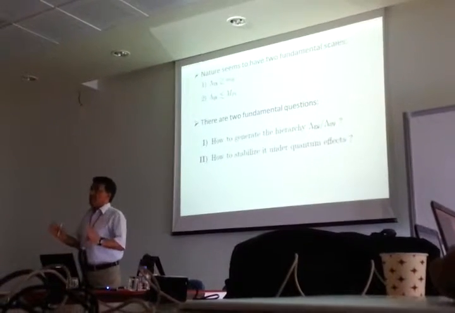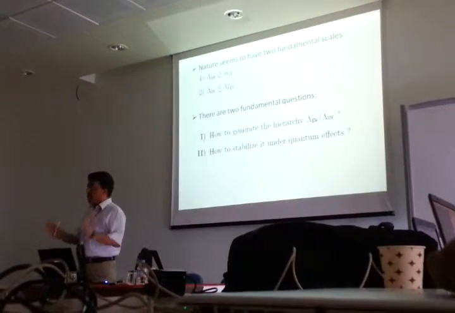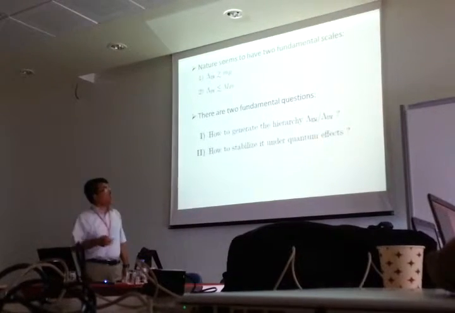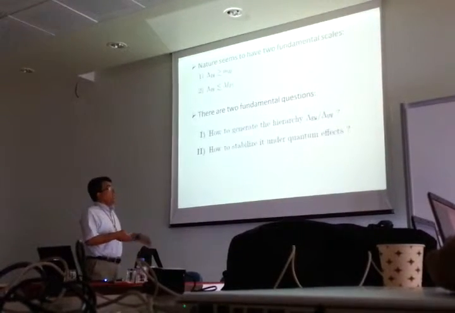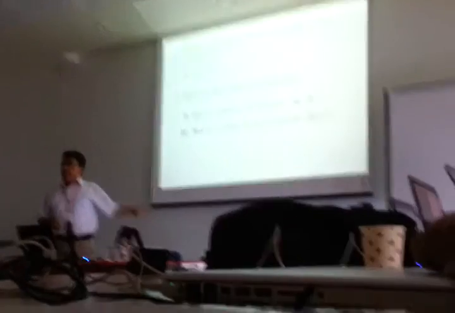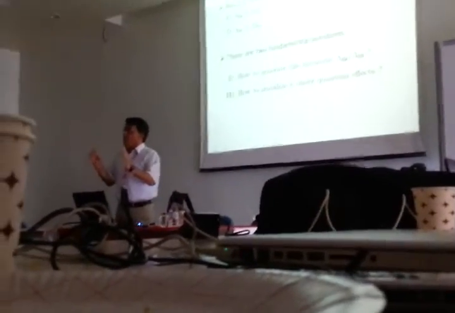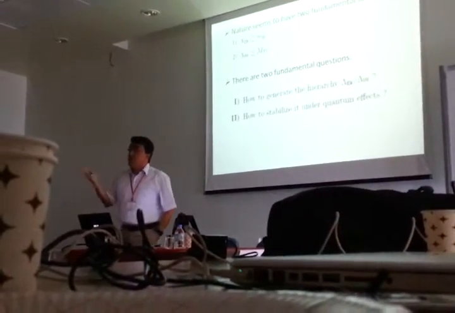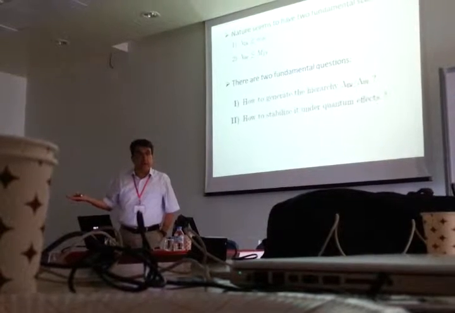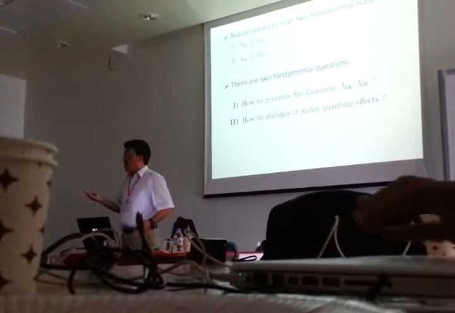So they have produced this hierarchy. They said that this hierarchy is coming from this origin. So that's okay. And the second question is to stabilize this hierarchy, this ratio, because this ratio is not stable under quantum mechanical effects. That's the fundamental problem we are having.